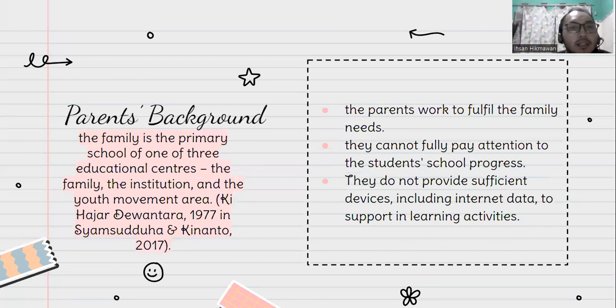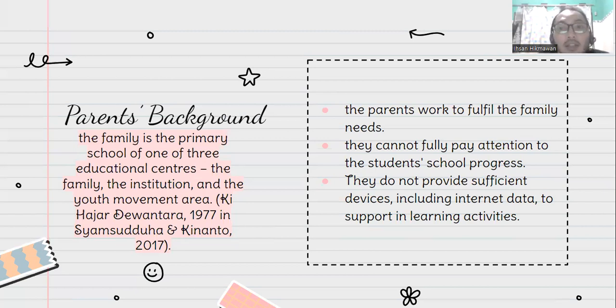Okay, the next one, let's look at the parents' background. As we know, the family is the primary school, one of the educational centers, along with the school and the youth movement area, as stated by Ki Hajar Dewantara. However, the parents, either mother or father, work to fulfill their needs.